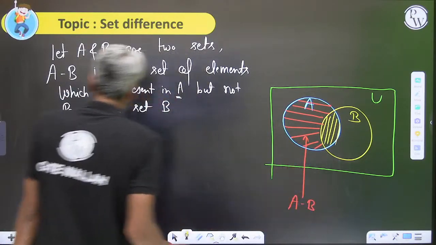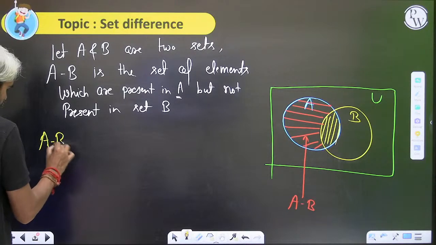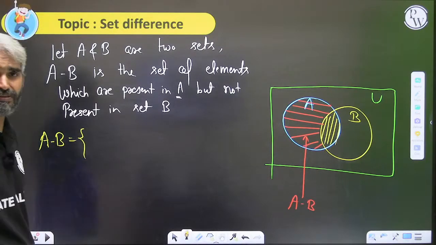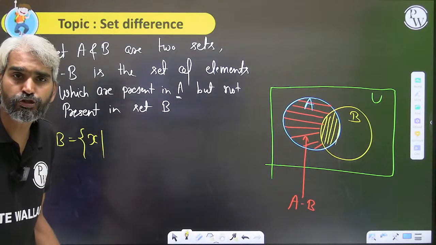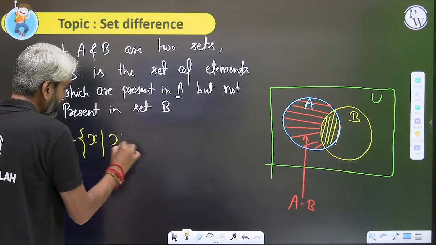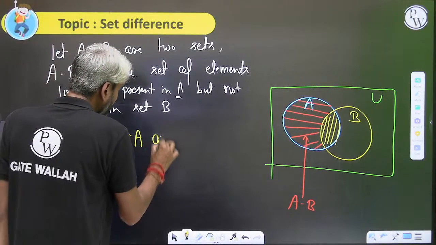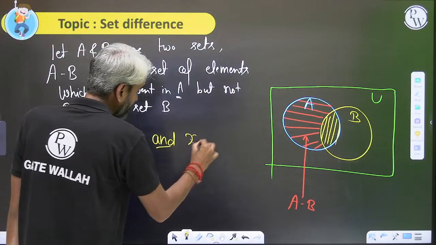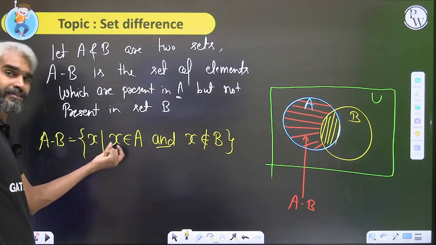Let me write the set builder form for A minus B. So what is A minus B? A minus B is a set of elements x such that, sir, what property should hold? x should belong to A, x should be a member of A, and at the same time, the same x should not belong to B. If x does not belong to A, this itself is false.